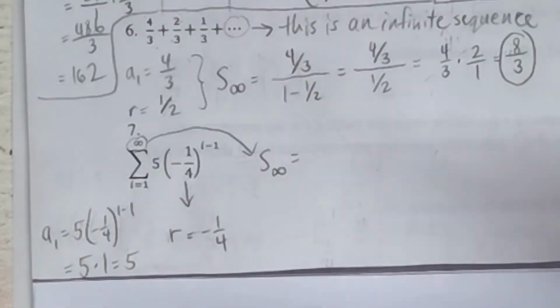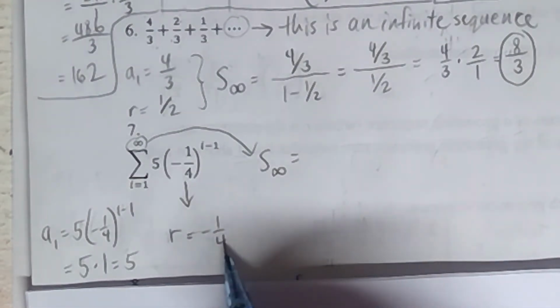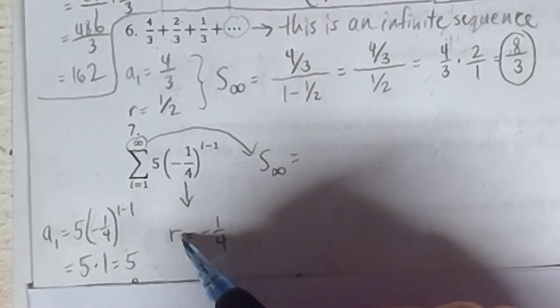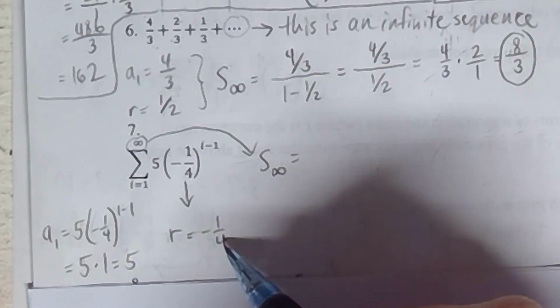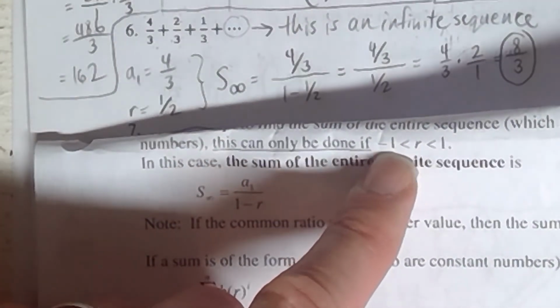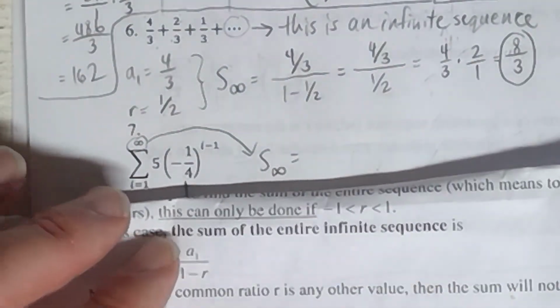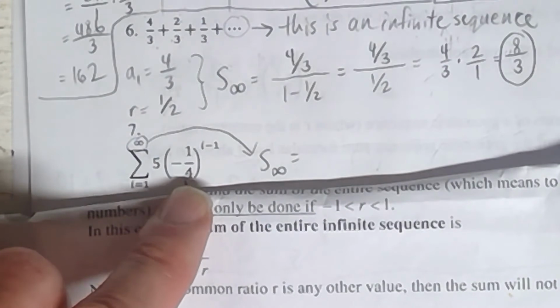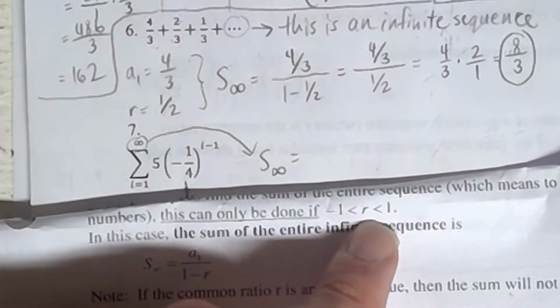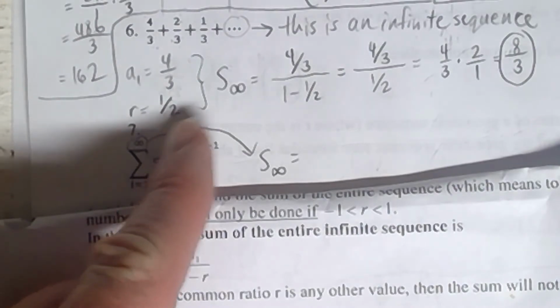And so putting all this together, and realizing, like we said a few minutes ago, that r is between -1 and 1: -1/4, if you put that in your calculator, would be negative 0.25. That's between negative 1 and 1. Just like 1/2 is equal to 0.5 if you put it in your calculator.